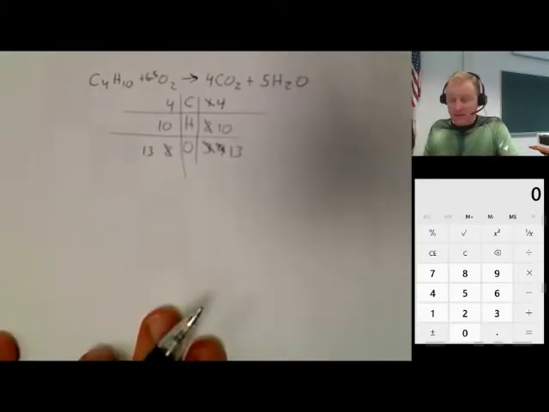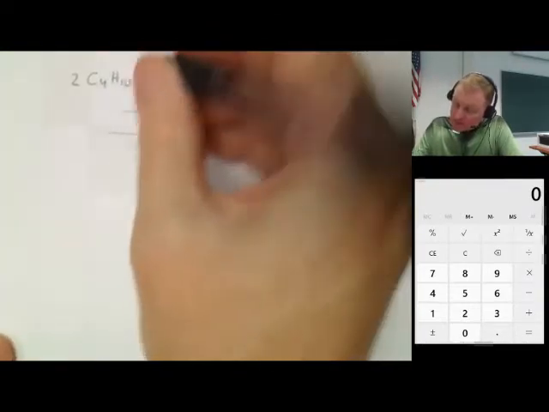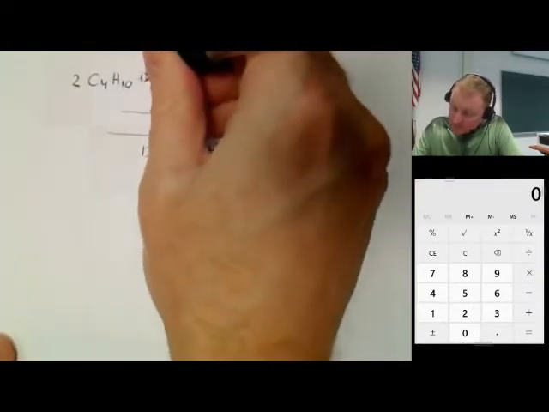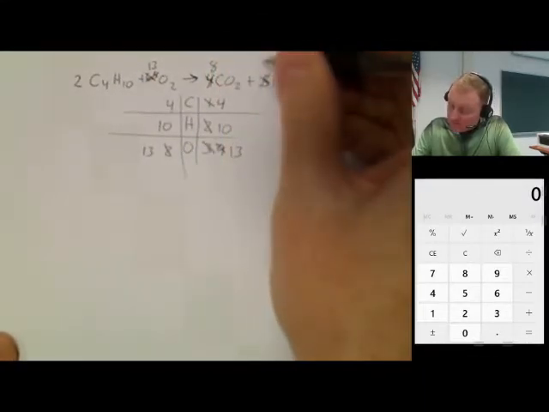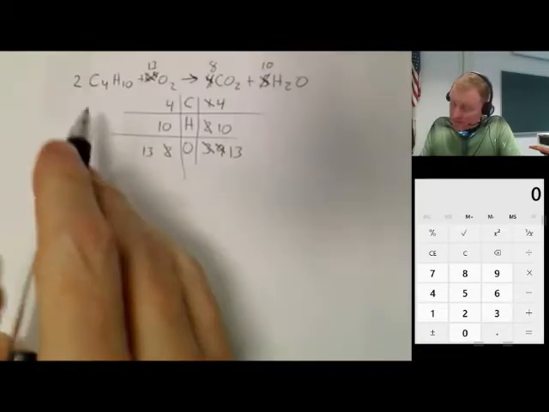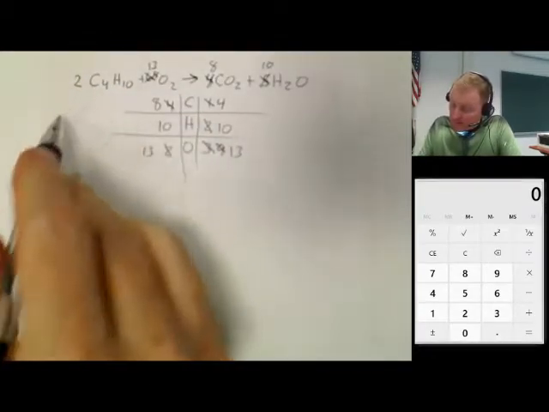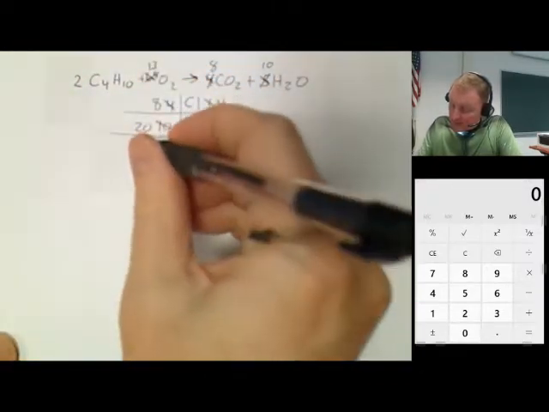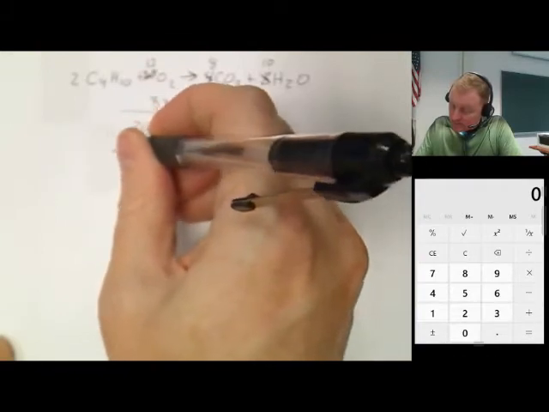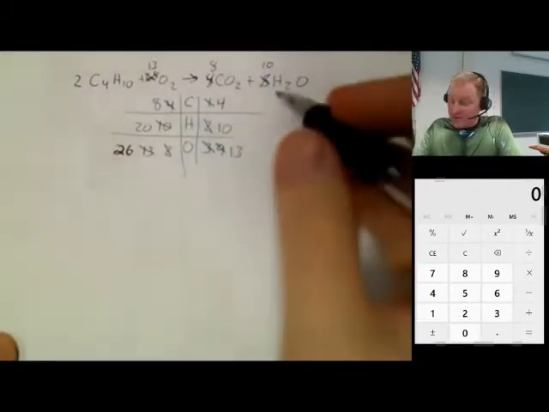So if I multiply everything by 2, I'm going to say that there's a 2 here, and 2 times 6.5 is 13, 2 times 4 is 8, 2 times 5 is 10. Let's just double check this. Now I've got 8 carbons, I have 20 hydrogens, and now I've got 26 oxygens.